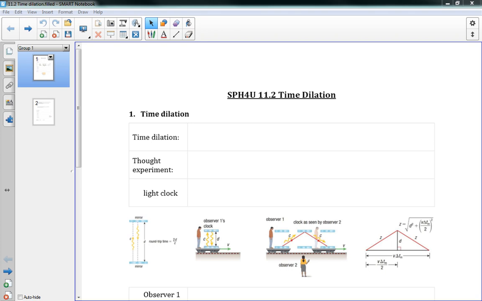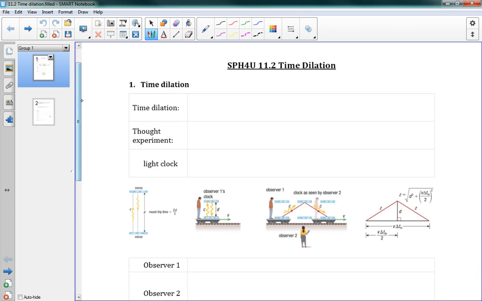Okay, this is 11.2 time dilation. So, this is where relativity is starting to get pretty interesting. Time dilation is the idea that the faster something moves relative to us, the slower it experiences time.